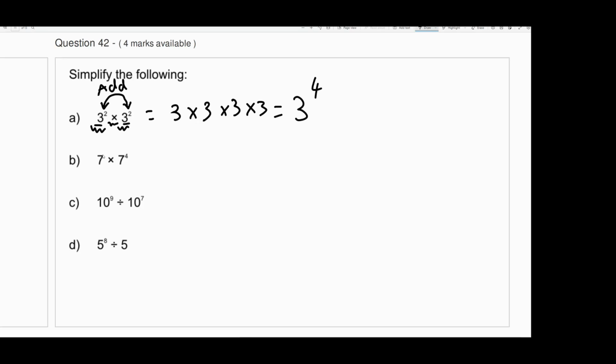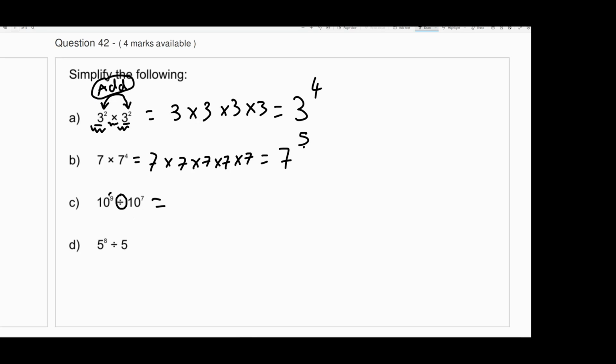So with B, you've got 7 times 7 to the 4. So that's like 7 times by another 4 sevens. So that's going to be 7 to the power of what? That's 7 to the 5. Brilliant. And then with the next one, because you're dividing, well, when we times, we added the powers.